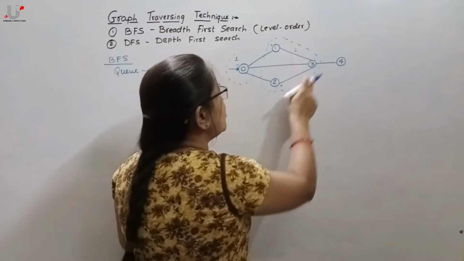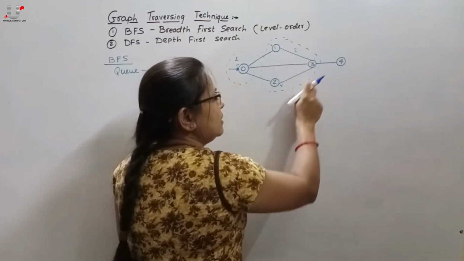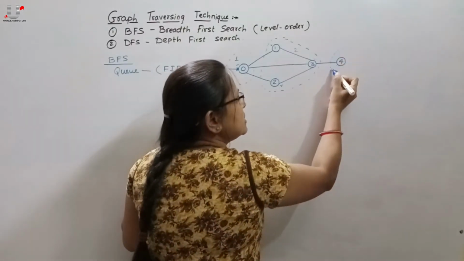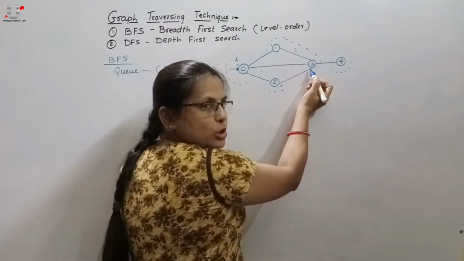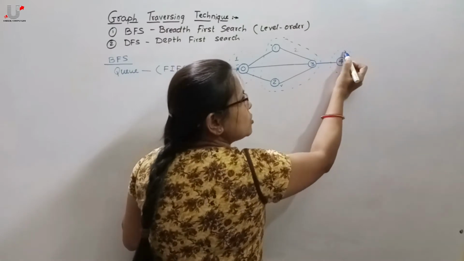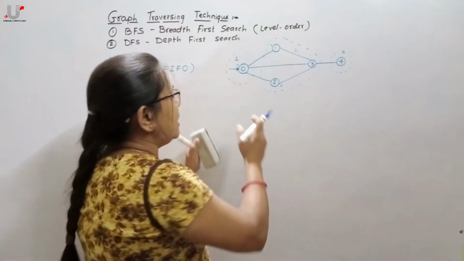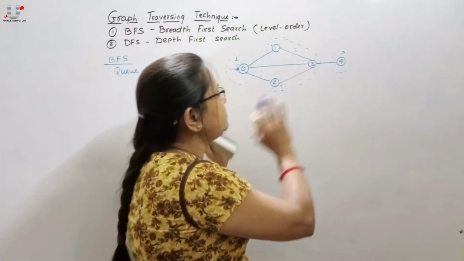And after exploration of 0 and traversing its adjacent nodes, the third level is, as the only adjacent node to 3, 4. So it lies at level number 3. That means BFS goes wide.